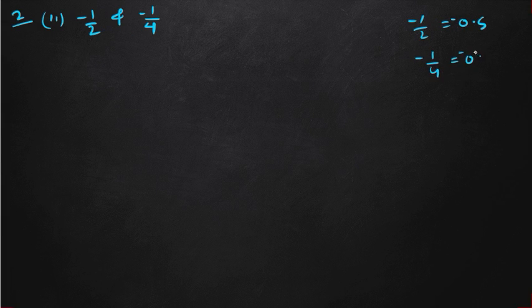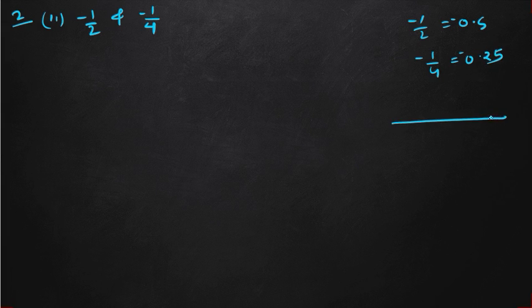Question number 2. So find 3 rational numbers. I will do the question as the negative sign is there: minus 1 by 2 and minus 1 by 4. We need to find 3 rational numbers. Okay, so before that, you need to think which number is bigger. Minus 1 by 2 is minus 0.5 and minus 1 by 4 is minus 0.25.